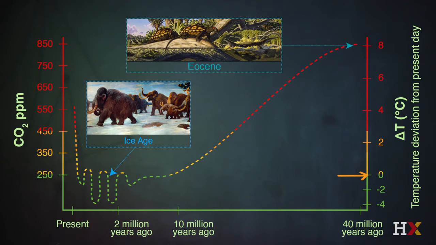That is, the global average surface temperature of the Earth. On the other axis, it plots the concentration of carbon dioxide in the atmosphere from 250 to 850 parts per million. And it tracks this remarkable relationship between global average temperature and the carbon dioxide concentration.